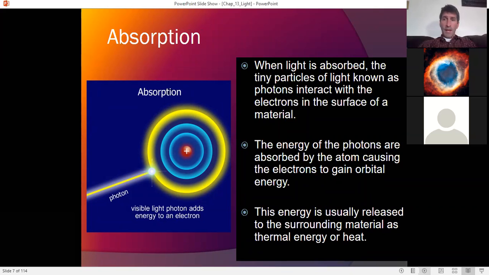So when light comes in, it puts a little electric field on the electrons, and if the electrons are at just the right energy, in quantum mechanics we say that there are different energy levels that the electrons can be at. If the distance between a lower energy level and an upper energy level is just right, say for blue light or for green light, then that atom is going to absorb that energy.